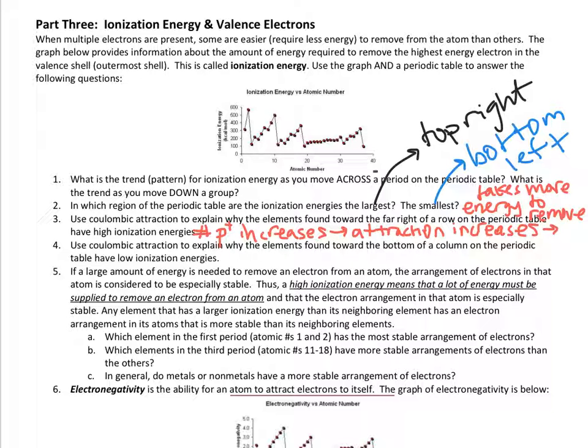Now going down a row, let's take a look at number 4. Using Coulombic attraction, explain why the elements towards the bottom of a column have low ionization energies. Well, what do we know about Coulombic attraction as you go down a group? The distance between protons and electrons increases, and that's the biggest factor.